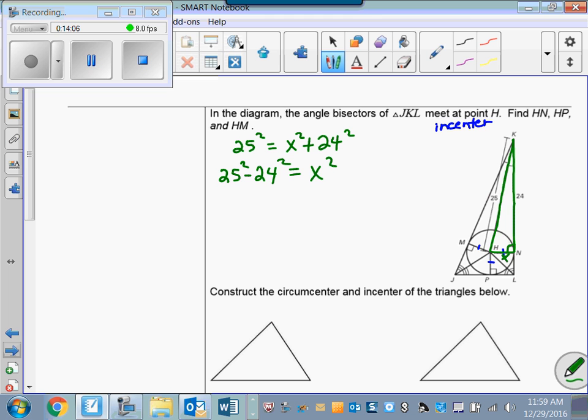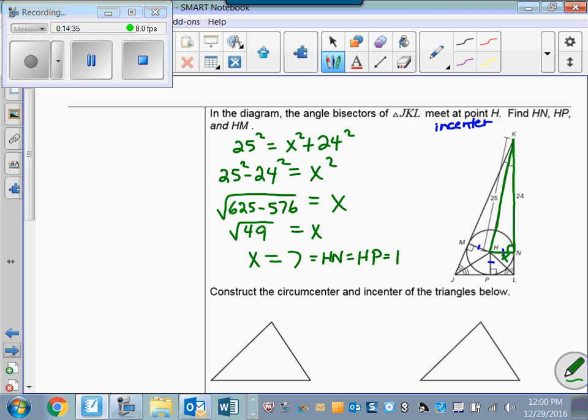So let's see, if I take the square root of both sides, I'm going to get 25 squared is 625, 24 squared is 576, and that equals x squared. Taking the square root, that is the square root of 49, which equals 7. And x is HN, HP, and HM.